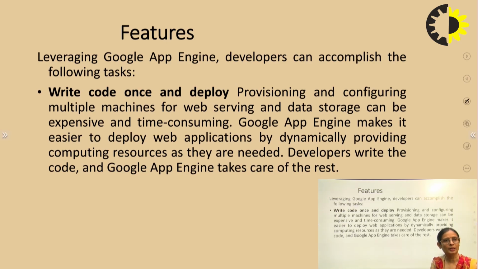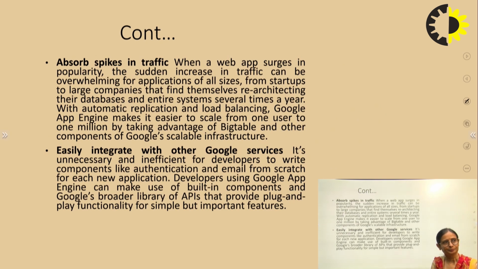Provisioning and configuring multiple machines for web serving and data storage can be expensive and time consuming. Google App Engine makes it easy to deploy web applications by dynamically providing computing resources as they are needed. Developers write the code, and Google App Engine takes care of the rest.